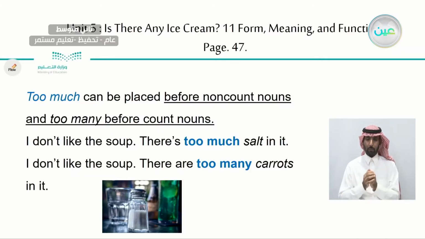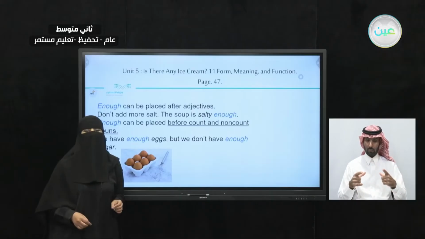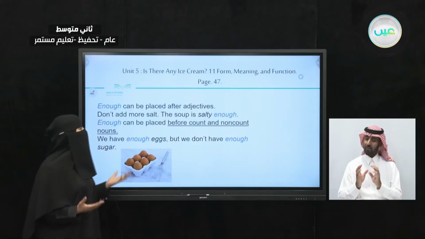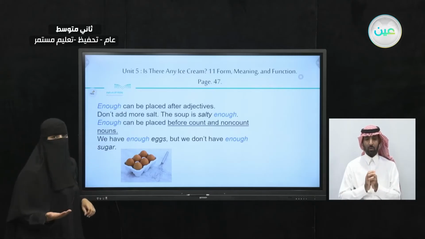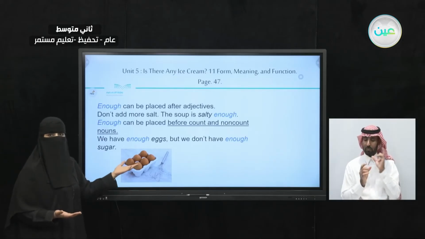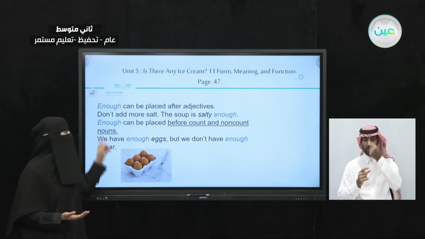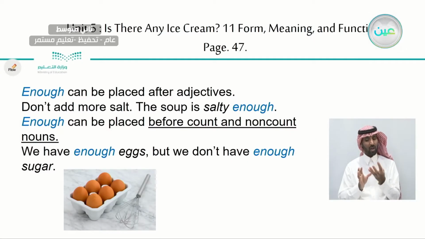Now, let's take a look here. How about the word enough? So when are we going to use it? Enough can be placed after the adjective. After the adjective. So here, the word too, it's before the adjective. But enough, it's after the adjective. So it's like this. Just let's take a look at this example. Don't add more salt. The soup is salty enough.